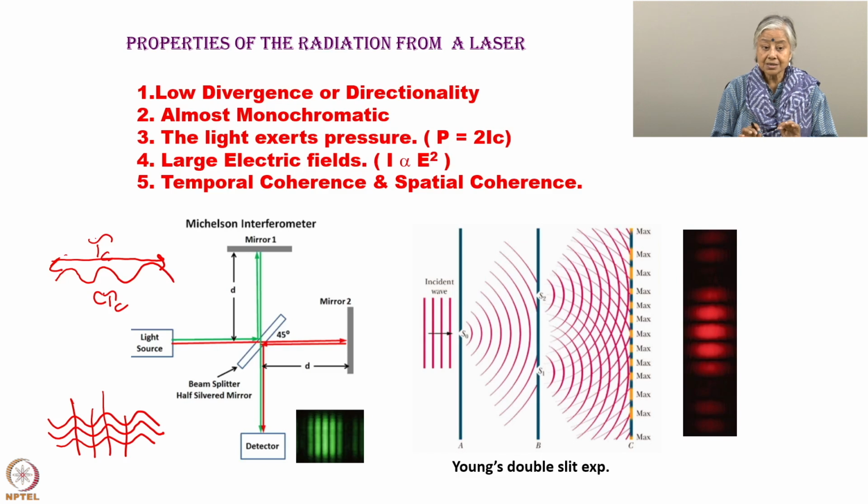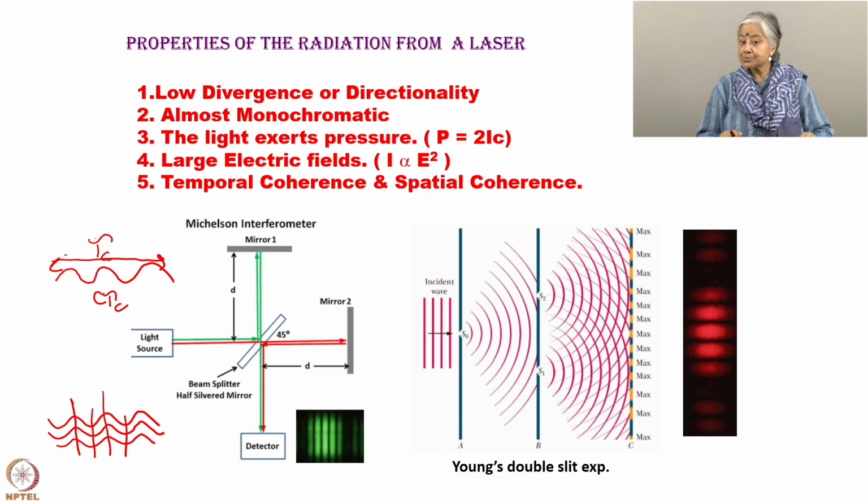So, that means the laser can be moved up and down, this mirror can be moved at a larger distance and you still get the interference pattern. While in case of neon light, you have to be very careful how much you move. So, it is easier to get it done with lasers.